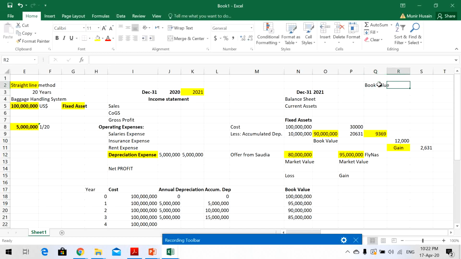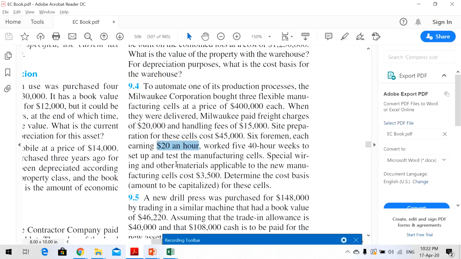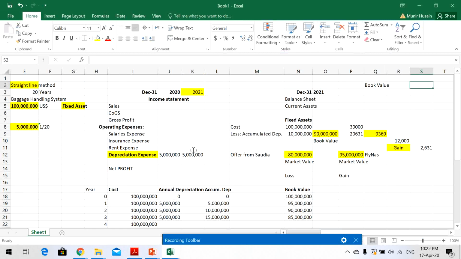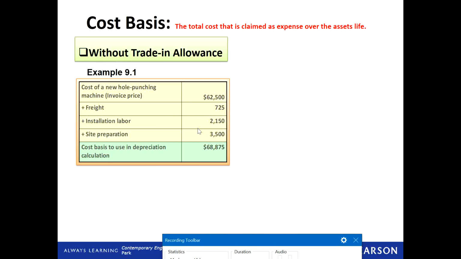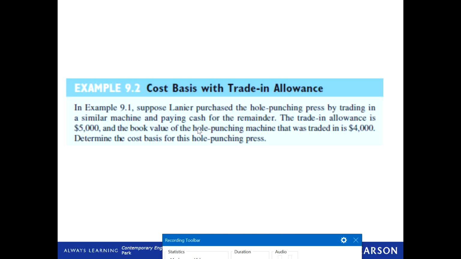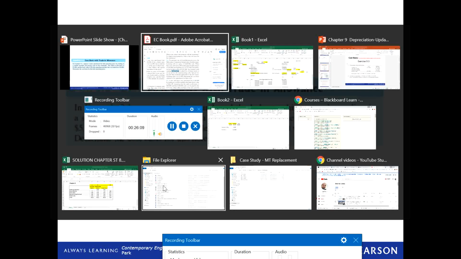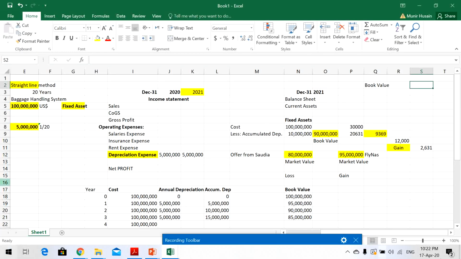Book value of the old machine, which we are going to trade in now. In example 9.2, the book value of the old machine is 4,000.